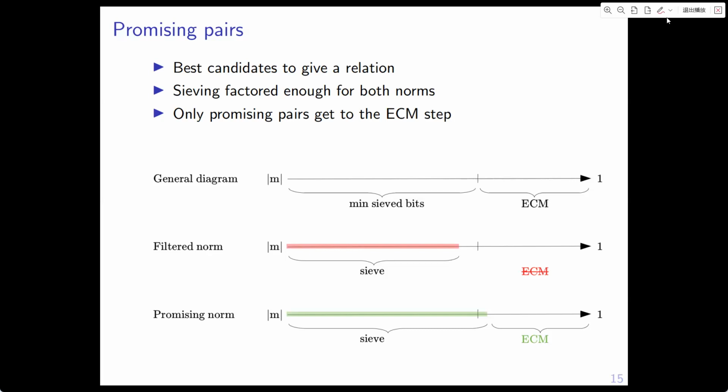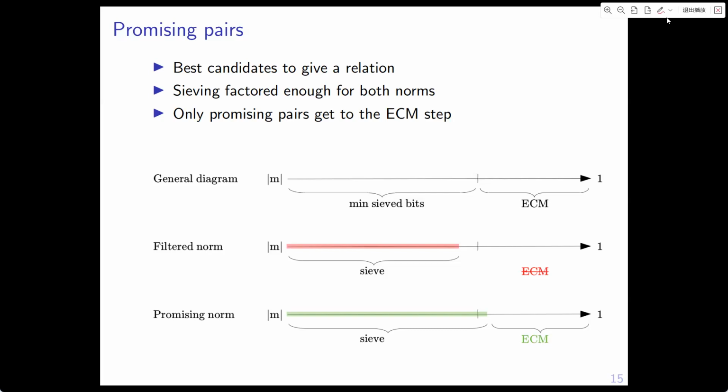So, we start by sieving. This is the number of bits of a norm, and we are trying to find all of its factors until we get one. If we are unlucky, sieving will find only so many factors, and we will filter the norm.